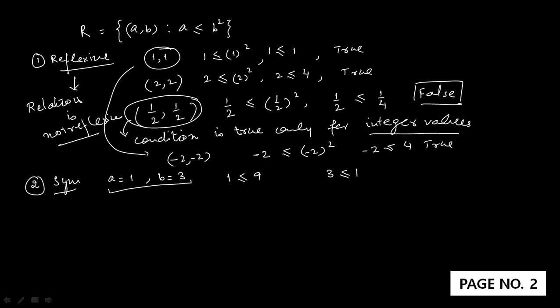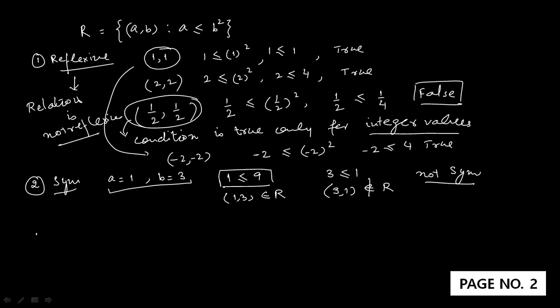Look at the difference. 1 is less than or equal to 3 square, but 3 less than or equal to 1 square is false. So (1, 3) belongs to R, but what about (3, 1)? (3, 1) doesn't belong to R. It means not symmetric.